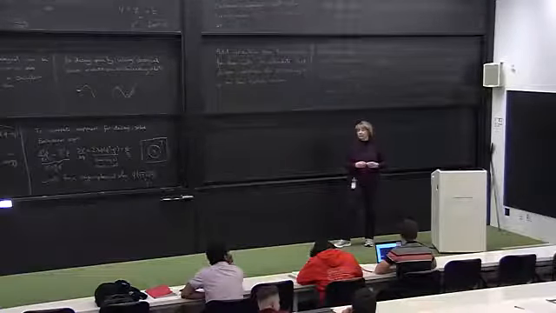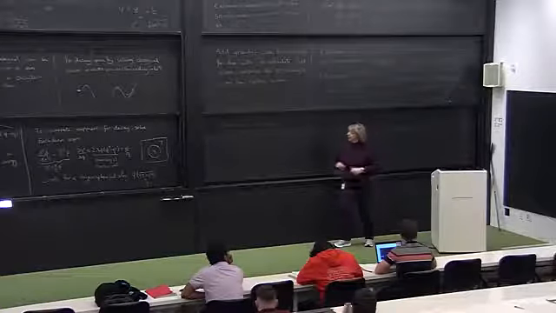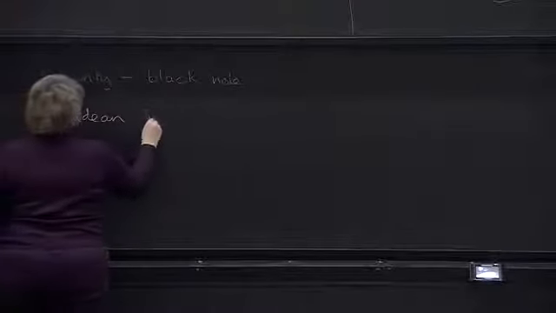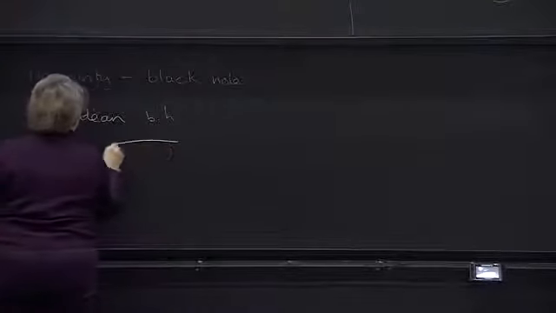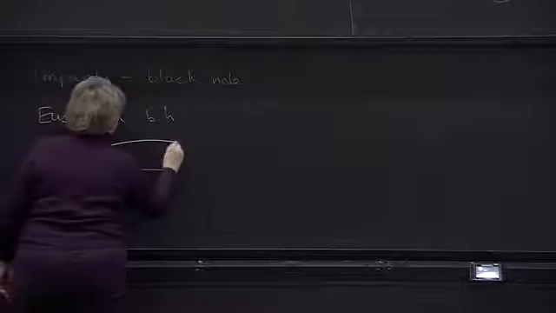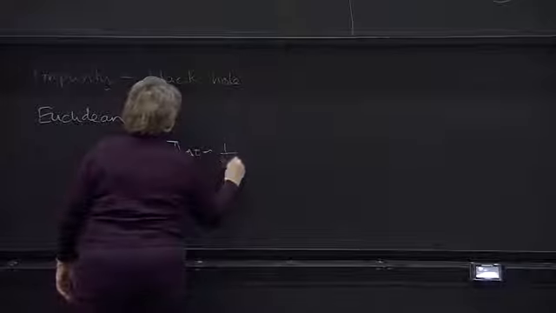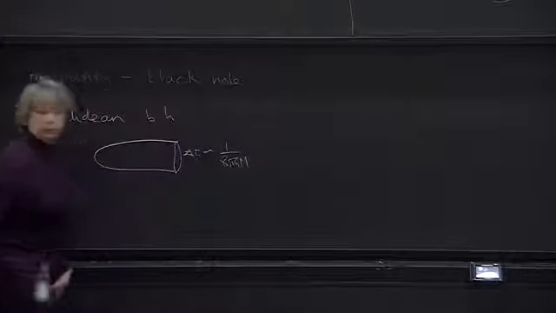The answer comes in a technicality. Remember, when we did the Euclidean black hole for Schwarzschild, it had a periodicity inversely proportional to the mass.